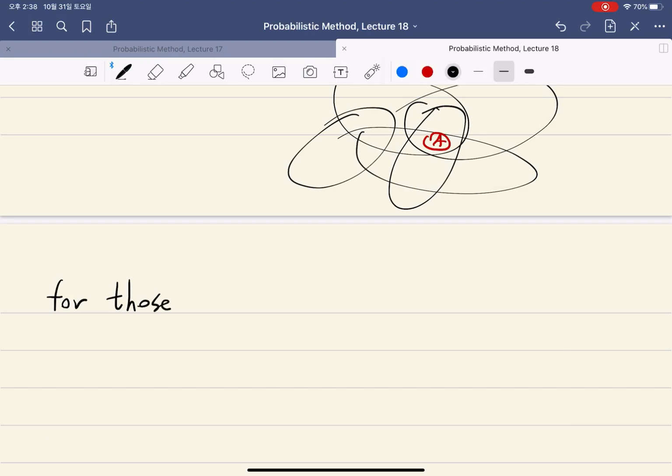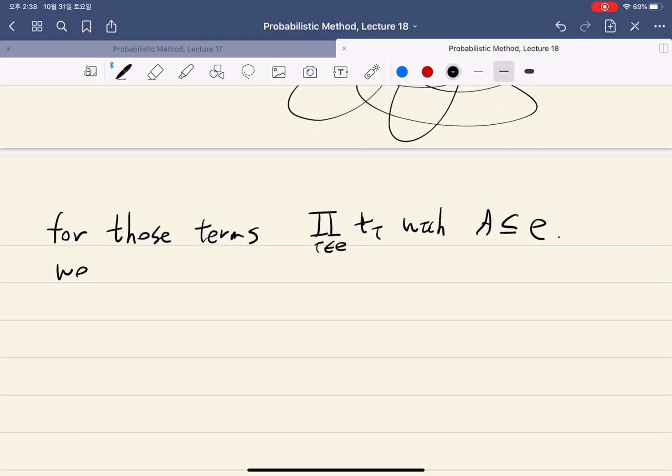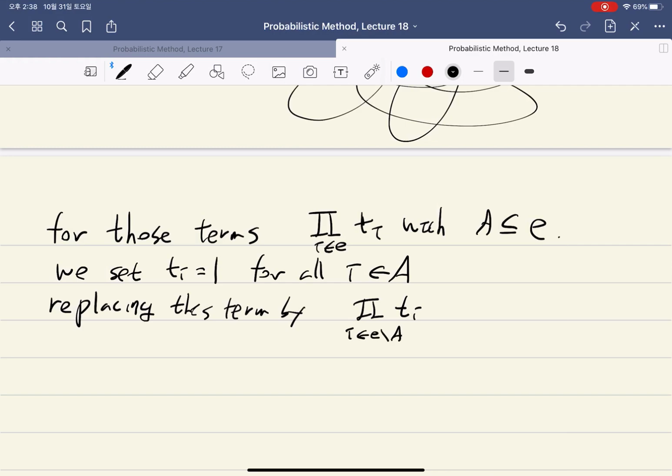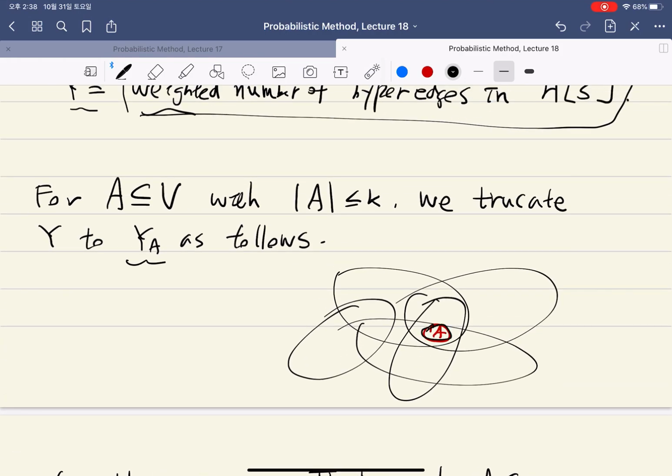So for those terms with E containing A, what we do is we set Ti equal to 1 for all i inside of A, meaning that we replace this term by the multiplication of this outside of A. So all the things inside of A, we just plug in 1 to the parameter, to the random variable.